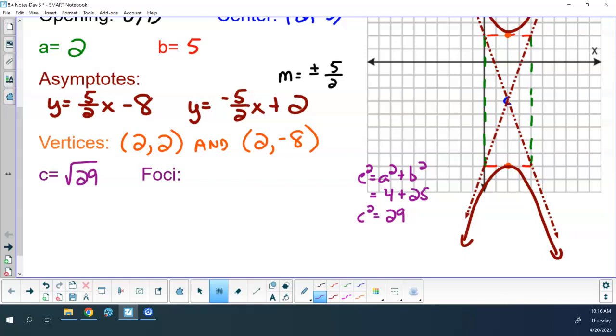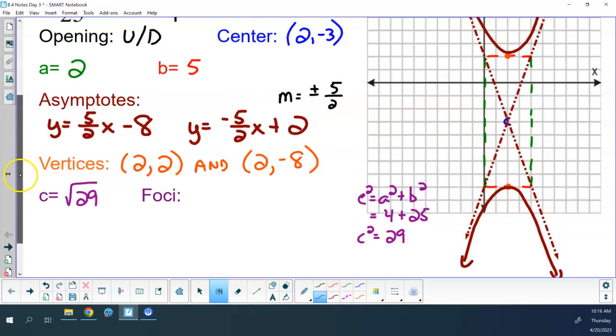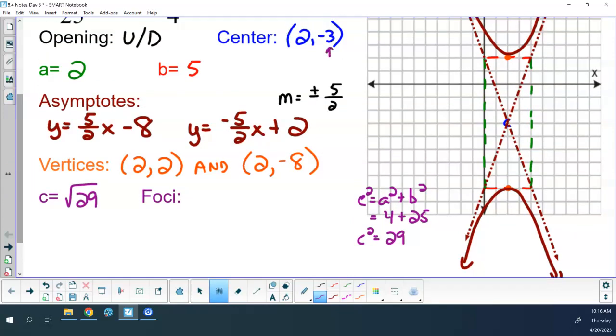Since it's up and down, that means that we're going to add and subtract the c value to the y part, 2 comma negative 3 plus minus square root 29. Square root of 29 is a little bit more than 5, so my foci are there. And questions, comments, concerns, clarifications?